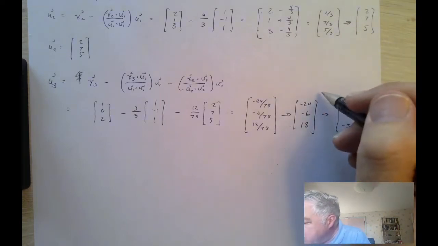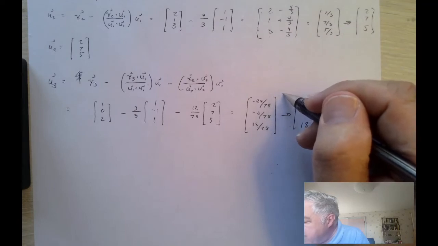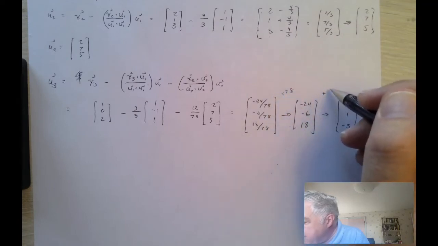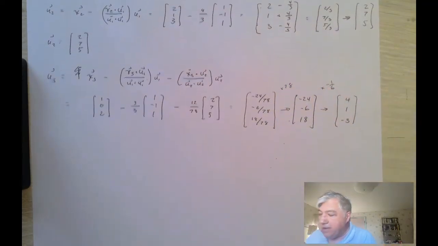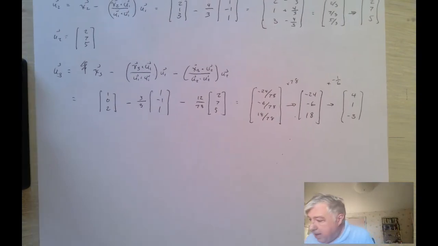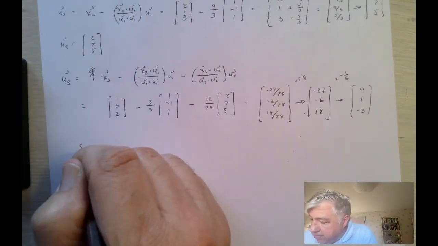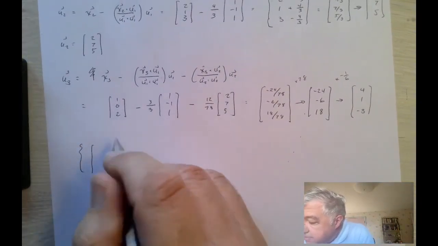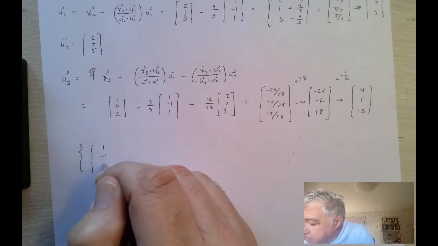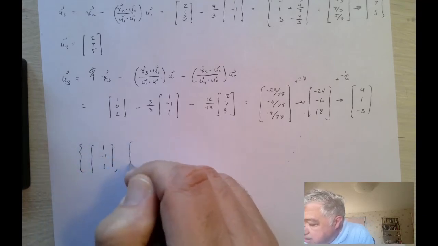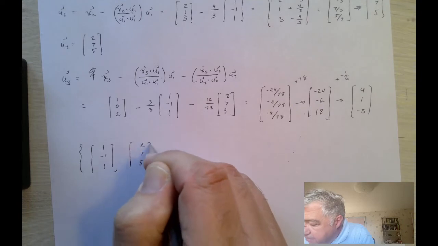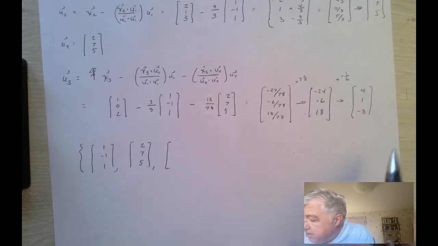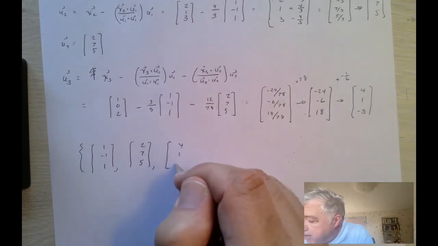So here we multiply by 78, and then by negative 1/6, and we get this. And so our orthogonal basis will be 1, negative 1, 1; 2, 7, 5; and 4, 1, negative 3.